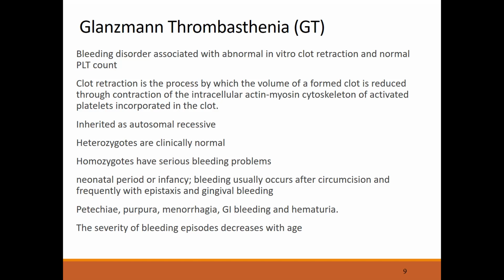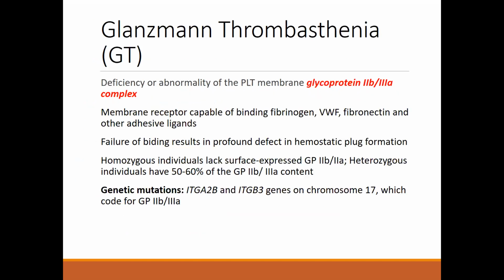So this is known as a type of condition where the severity will decrease with age. So it is suspected when this is happening to a very young infant or a neonatal patient.